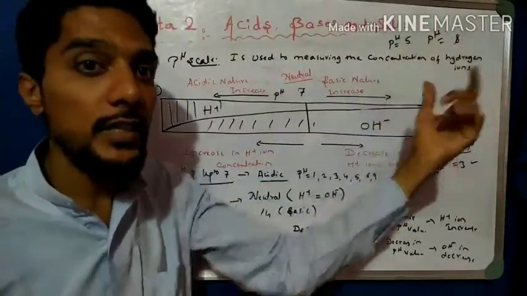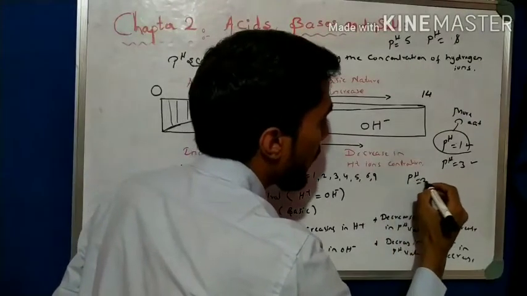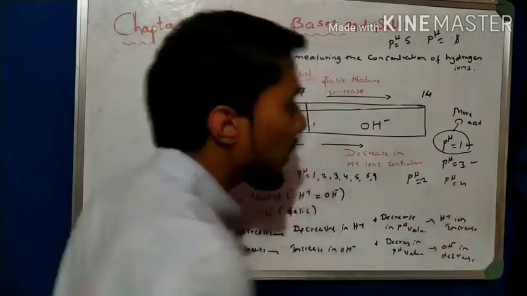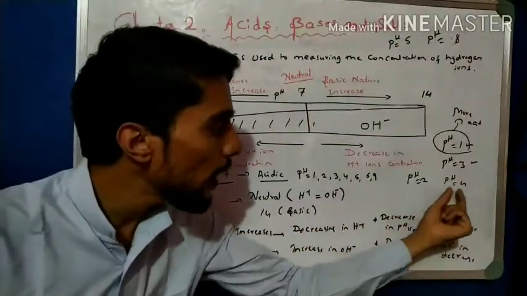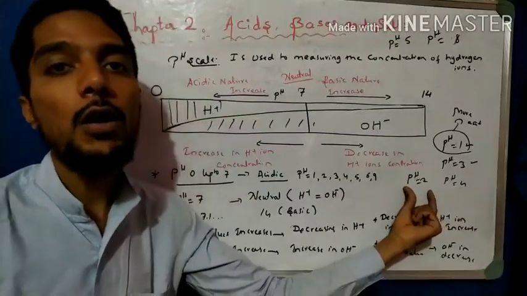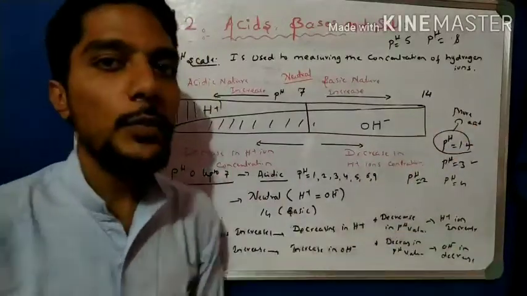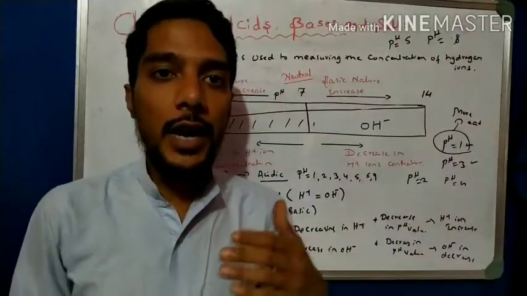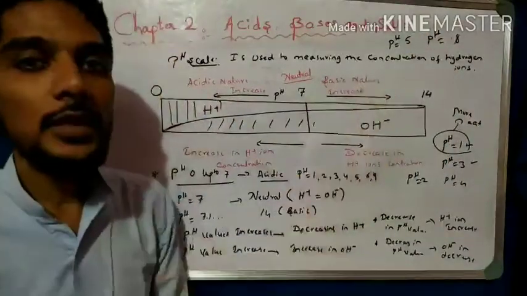For example, I have two substances, one with pH 2 and one with pH 4. Which is the strong acid? The one with the lower pH value. Which is lower? 2 is lower, so 2 is the stronger acid. Lower the pH value, stronger the acid; higher the pH value, more basic in nature.